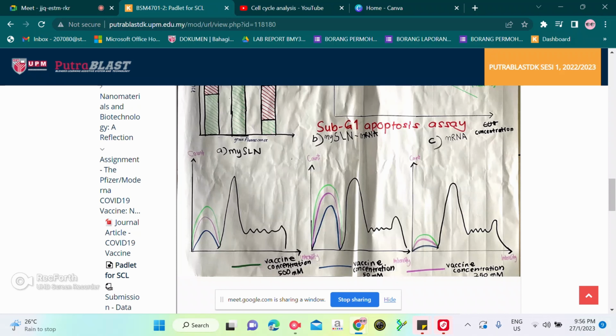The highest concentration gives the highest cell apoptosis, followed by 250 millimolar, and the lowest vaccine concentration is 50 millimolar. That's all from us. I will pass my part to Sri.